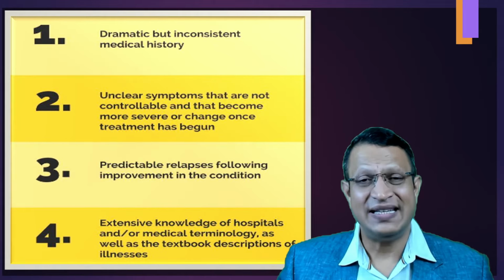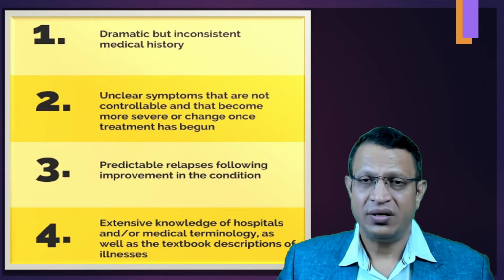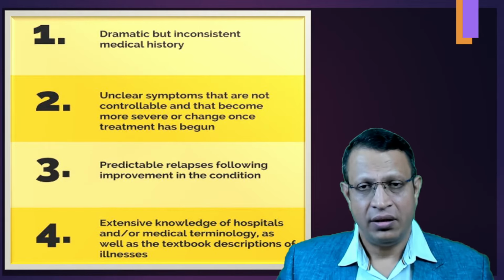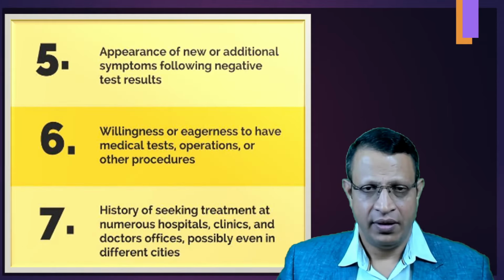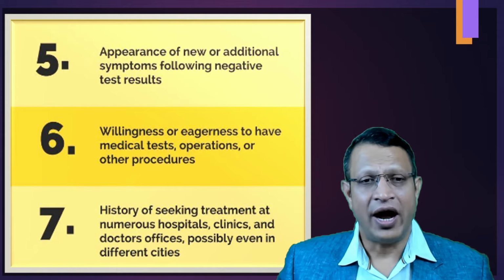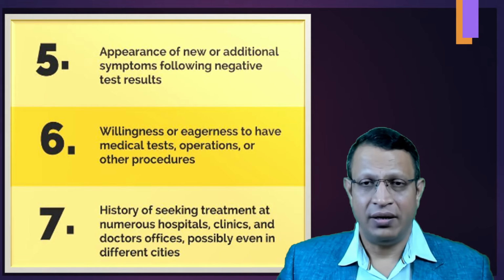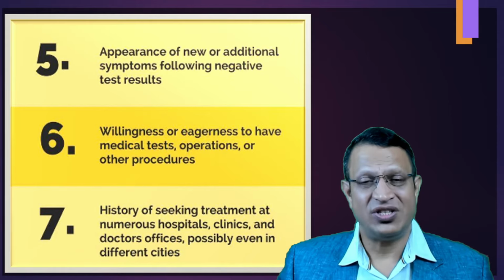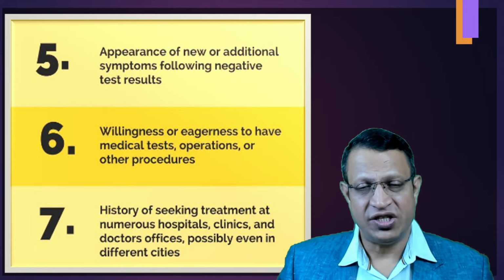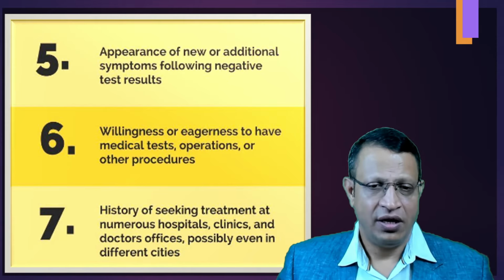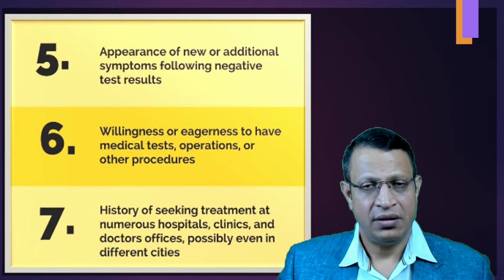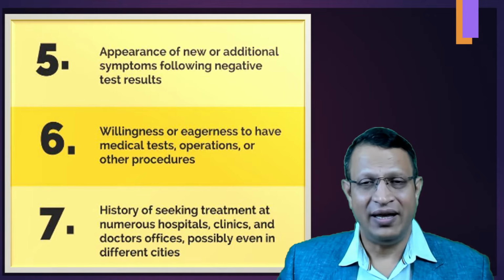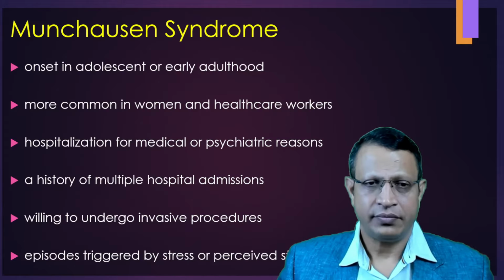The patients will have extensive knowledge of their illness and medical terminology, and they will have a classical textbook description of symptoms. Appearance of new or additional symptoms following negative investigation, willingness or eagerness to subject themselves to multiple investigations and surgical procedures. Further, a history of seeking treatment from multiple hospitals and doctors without any improvement.